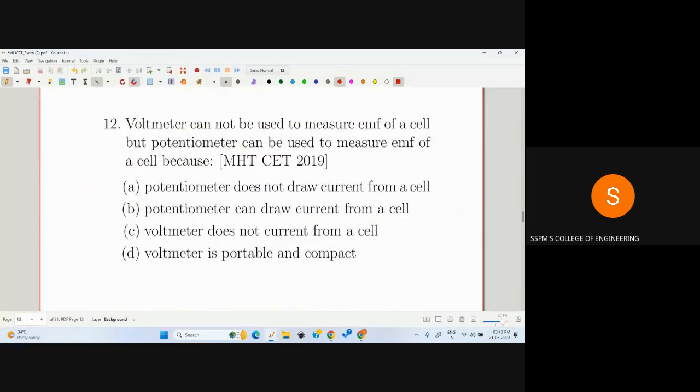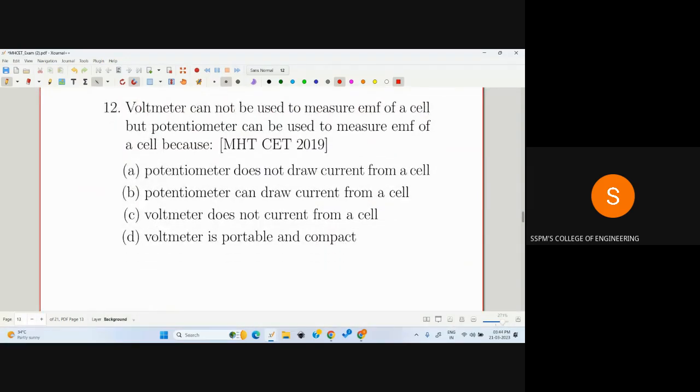The next example. A voltmeter cannot be used to measure EMF of a cell, but potentiometer can be used to measure EMF of a cell. Asked in the MST CT 2019. The example is given based on the voltmeter.